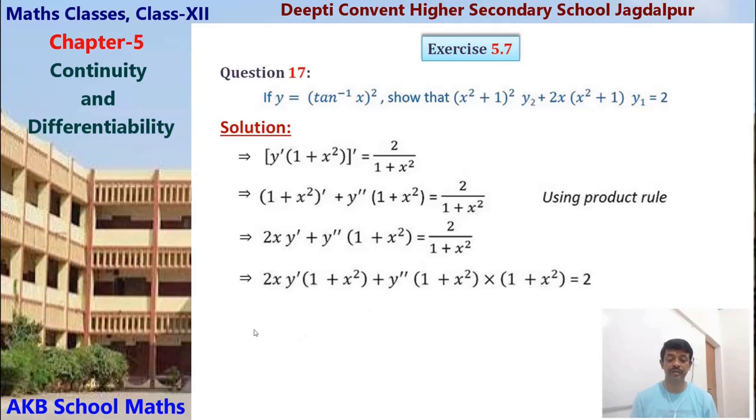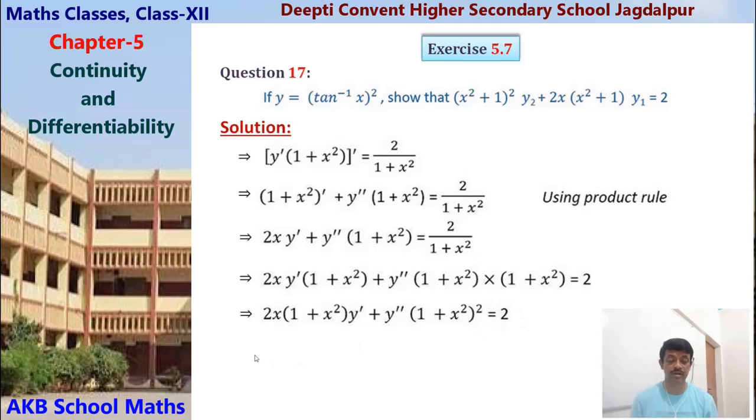Now multiply (1 plus x square) on both sides. So 2x y dash into (1 plus x square) plus y double dash (1 plus x square) into (1 plus x square). So here we get (1 plus x square) (1 plus x square) y double dash plus 2x (1 plus x square) y dash equals 2.